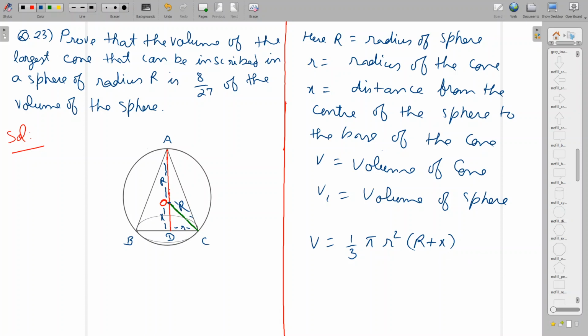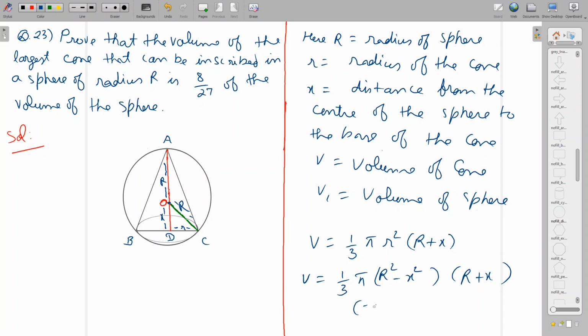So what we can do is convert this into one variable only by using Pythagoras theorem in triangle ODC. So that is what we will do. V equal to 1 by 3 pi, small r square we can write as capital R square minus x square, into R plus x.